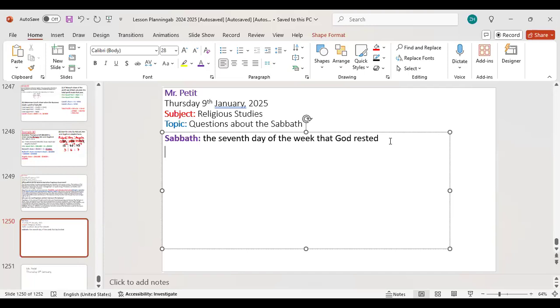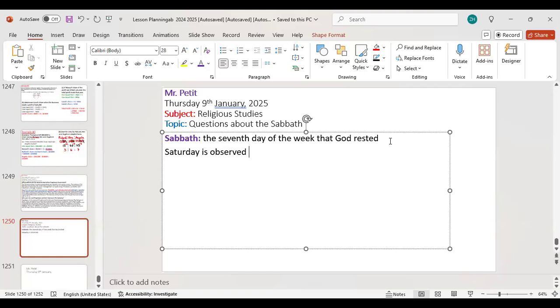So Saturday is observed. If you go to any Jewish community, on Saturday, that's rest day, right? There is an organization that rests on Sabbath too, on the seventh day, on Saturday, and I know the Seventh-day Adventist does it, and you have some other churches who do it on Saturday too.